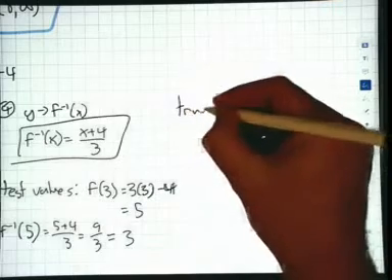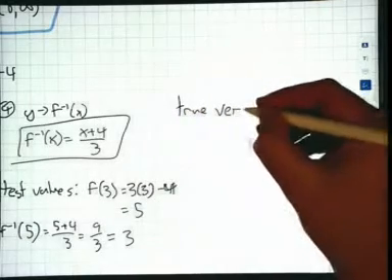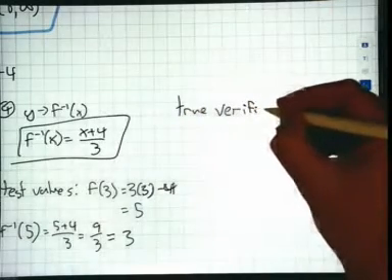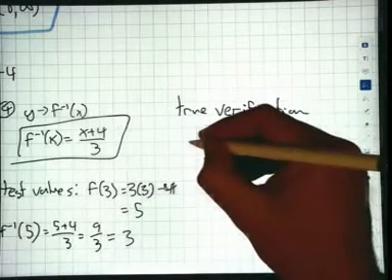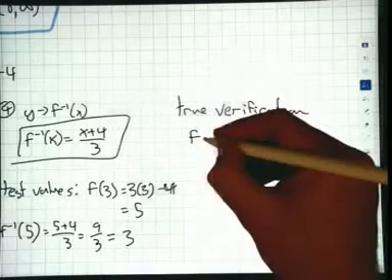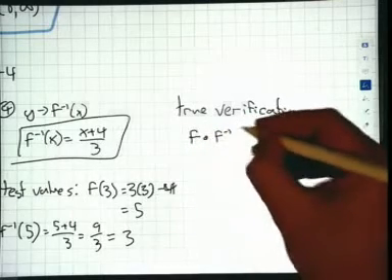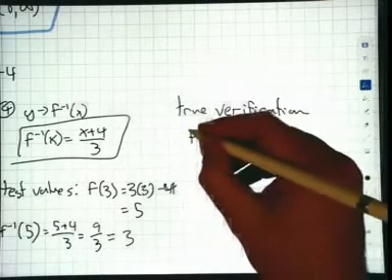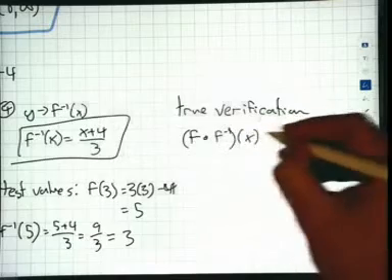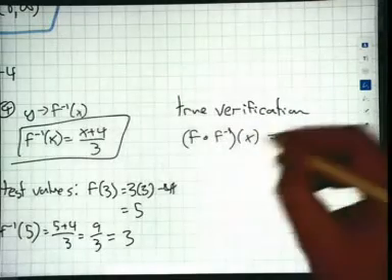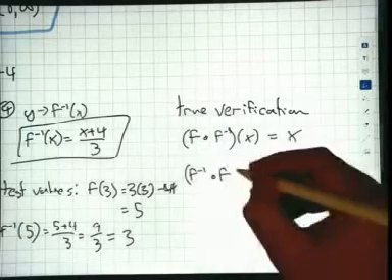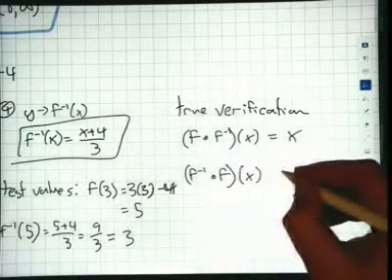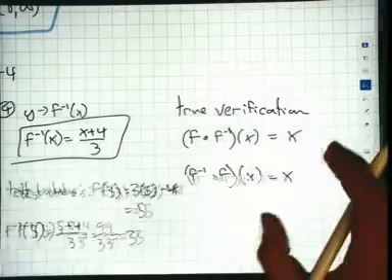Here's our true verification, which I'm not going to go through. f of f inverse of x better be equal to x, and f inverse of f of x also better be equal to x.